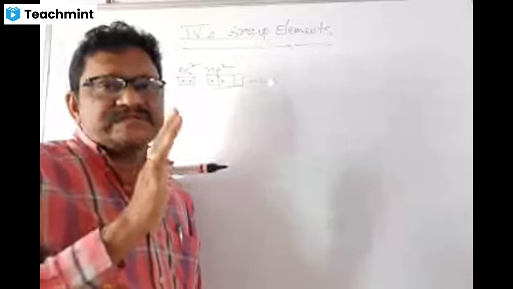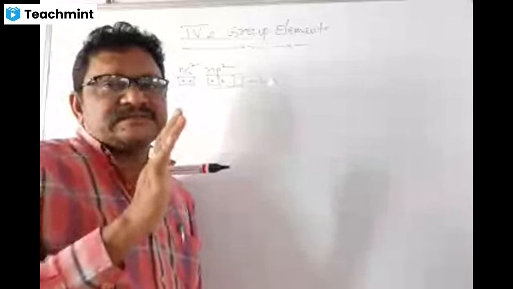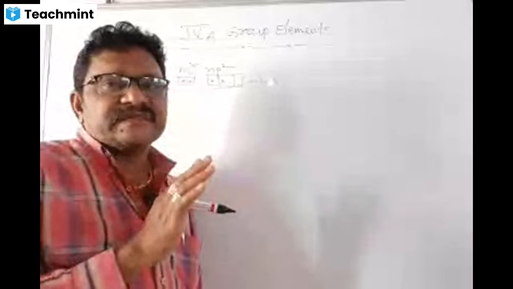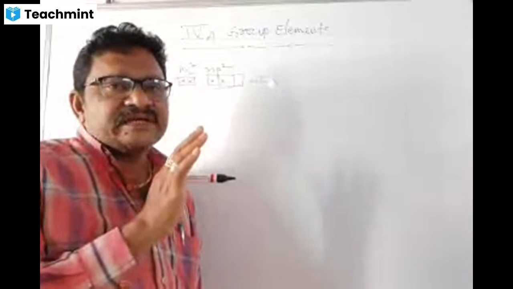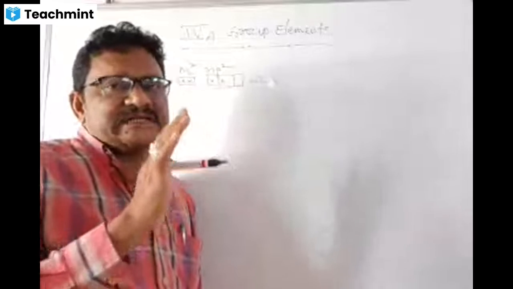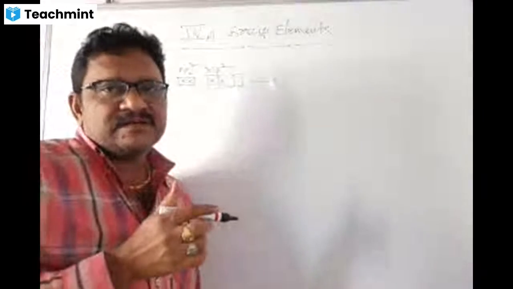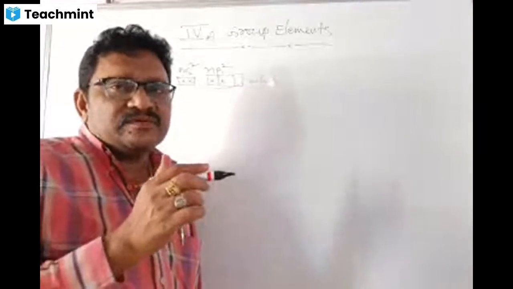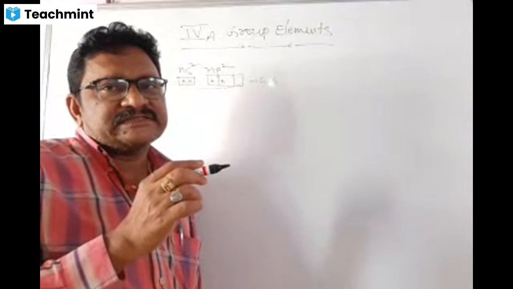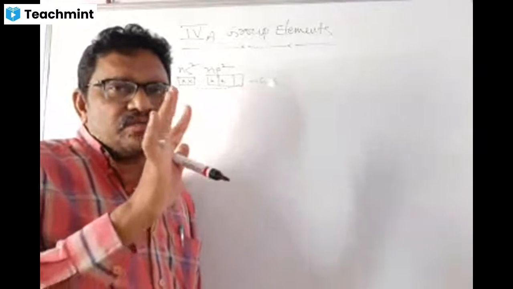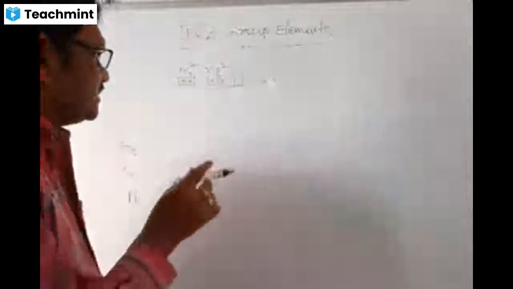That's why those elements can exhibit tetravalence. The special element carbon, in every compound, has to show tetravalence. That means around carbon we have four bonds. Remember this, it is very important in organic chemistry.